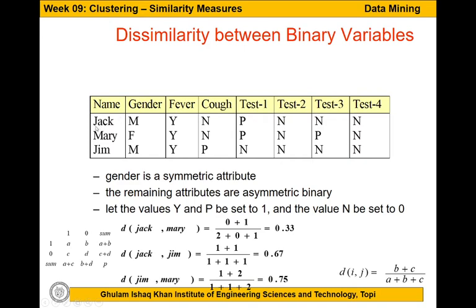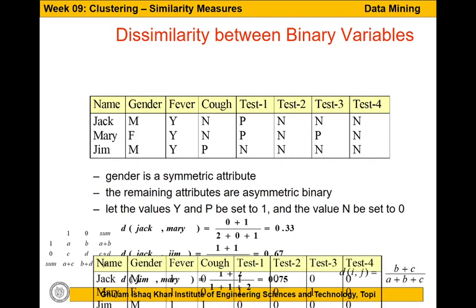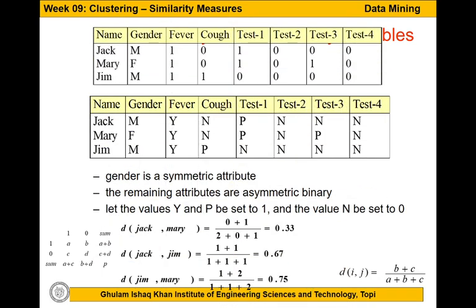For example, this is the patient or subject's name, Jack, Mary, Jim, and this is gender, male, female, male, fever, yes, yes, yes. You can see that all the variables are binary variables. Let us convert this data into actual binary form, where we are not interested in the particular gender, we are interested in the results of the various tests, which are fever, cough, test 1, 2, 3, 4.